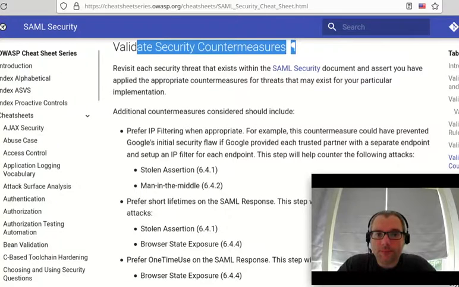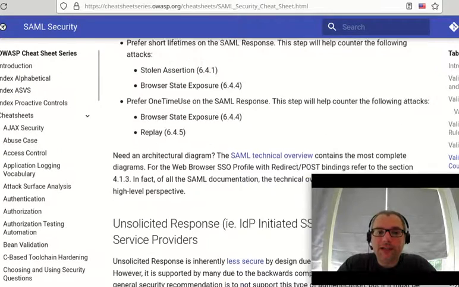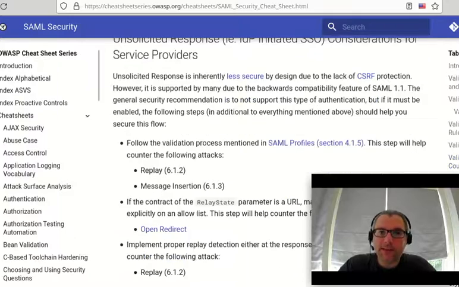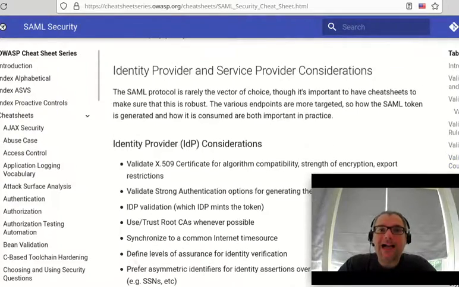security countermeasures. So this kind of suggestion formulated in this manner is easy to understand, good for an overall review. So don't be afraid to use a cheat sheet.